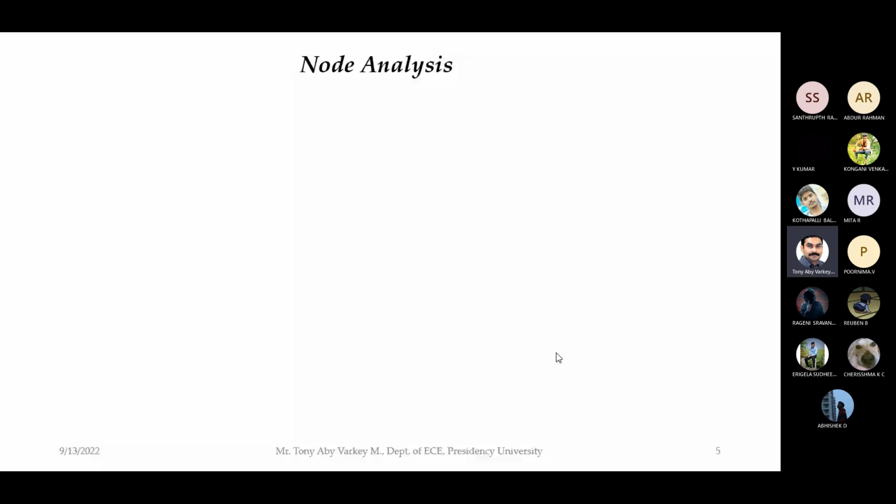There is another analysis called mesh analysis, which I don't need for this course. So I am going to concentrate on node analysis today. Then only we can start our course. Before going to node analysis, I will tell you what is a node.